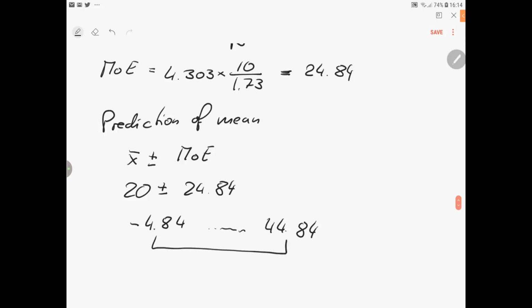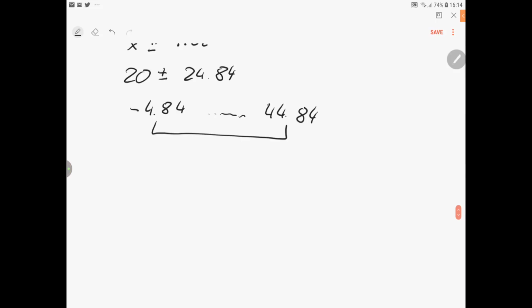Anywhere in between here, between negative 4.84 and 44.84, we predict that our true mean of an infinite number of experiments would be located somewhere in between here.